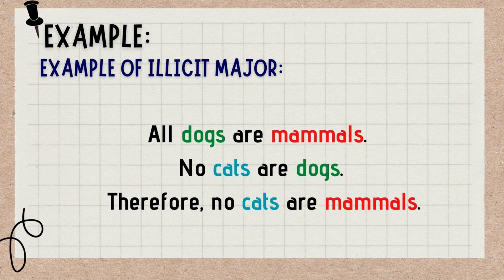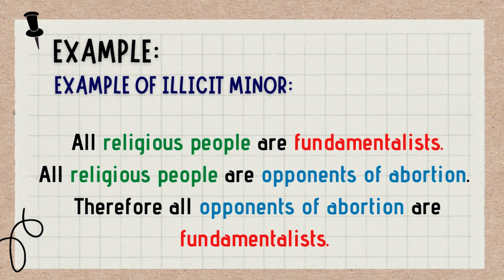Now the example of illicit minor. All religious people are fundamentalist. All religious people are opponents of abortion. Therefore, all opponents of abortion are fundamentalist. If you check the conclusion, opponents of abortion is the subject and fundamentalist is the predicate. The predicate is the major term, so fundamentalist is the major term and opponents of abortion is the minor term.